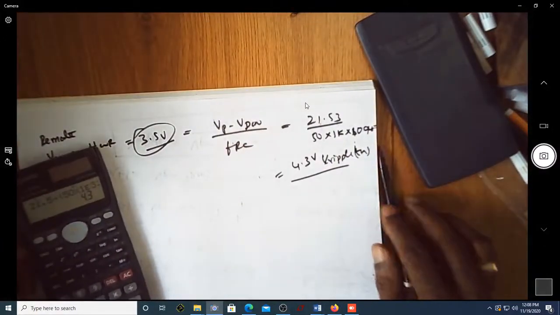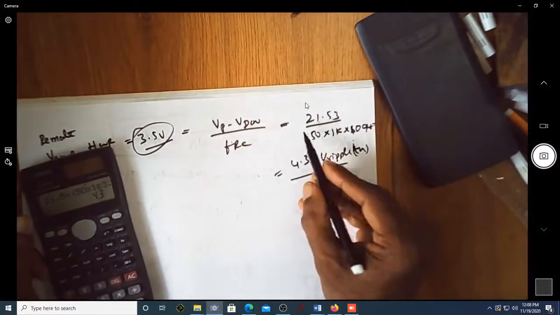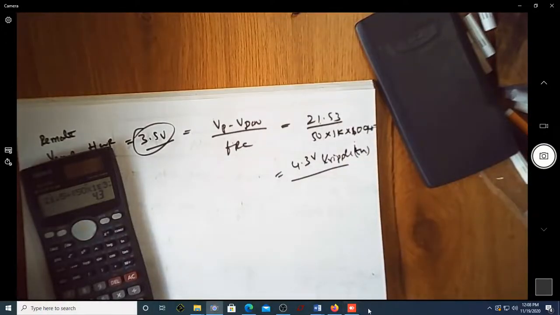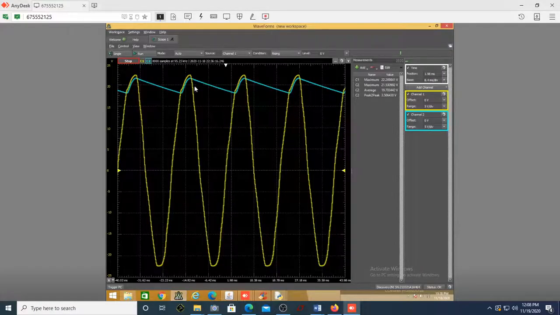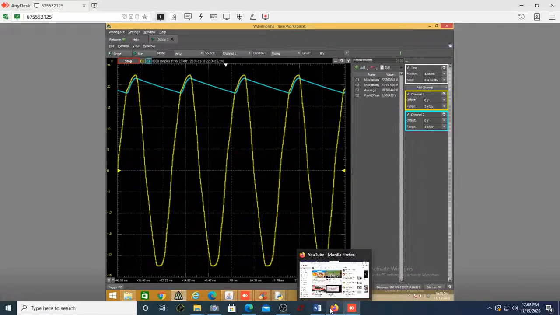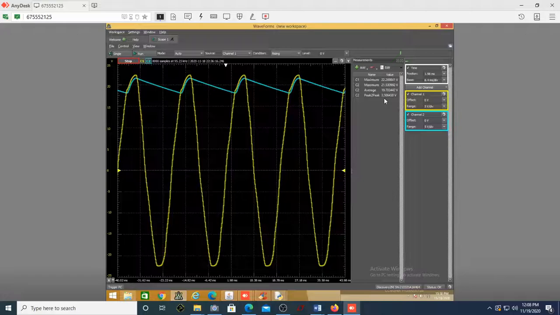It's purely because we assume that the charging time is negligible compared to the overall time. Because of all those small errors, we are getting a variation from the theoretical ripple voltage of 4.3 volt to the practical ripple voltage of 3.5 volt.